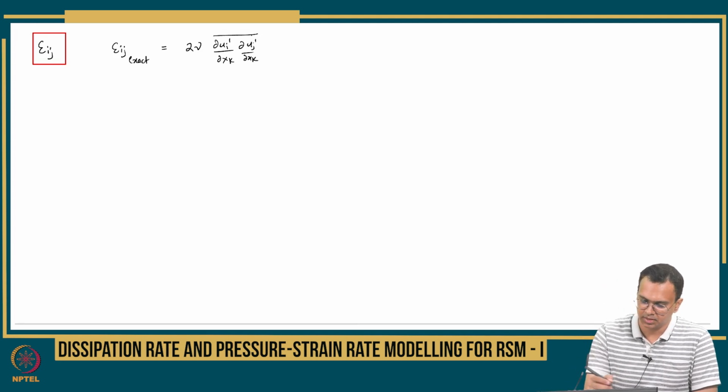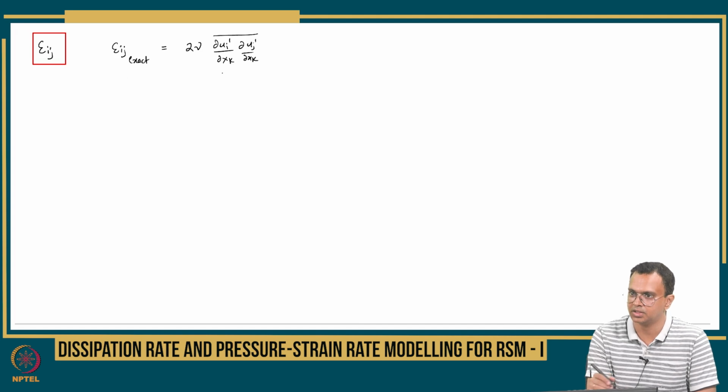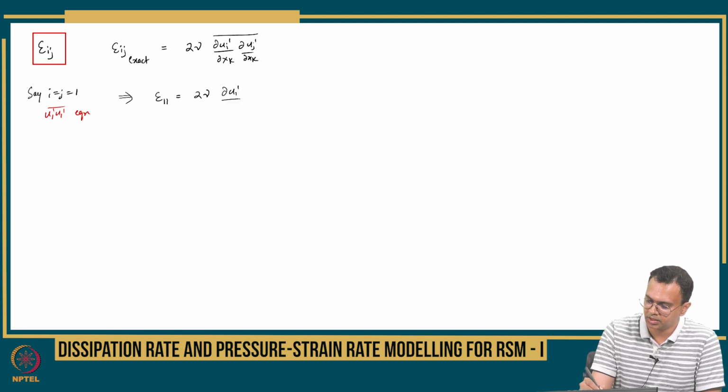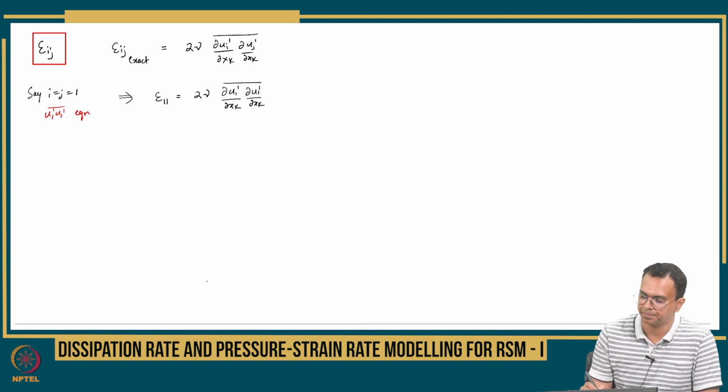Now let us look at each of these components for each of the stress equations. Say i equal to j equal to 1, that is your u1 prime equation. In this equation I get epsilon 1 as 2 nu dou u1 prime by dou xk dou u1 prime by dou xk, averaged.